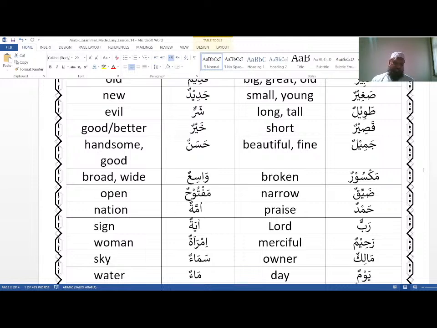Now, in the Quran, Allah uses both mudhakkar and muannas. Mudhakkar example, Surah Infitar.